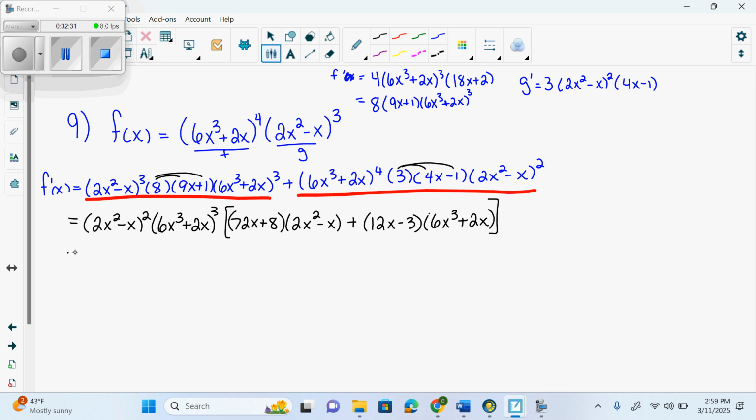Then I have to distribute. So I'm going to get 2x squared minus x squared, 6x cubed plus 2x to the 3.